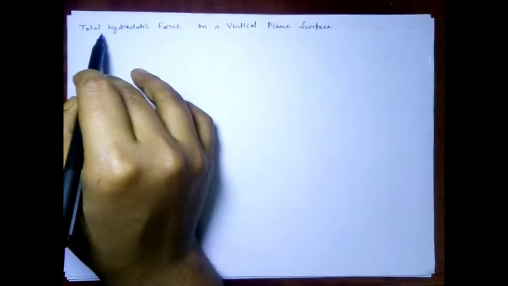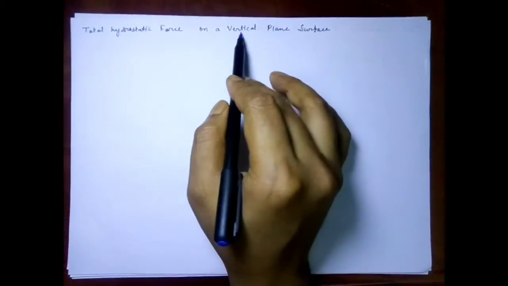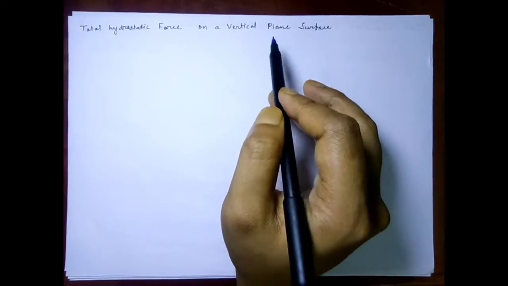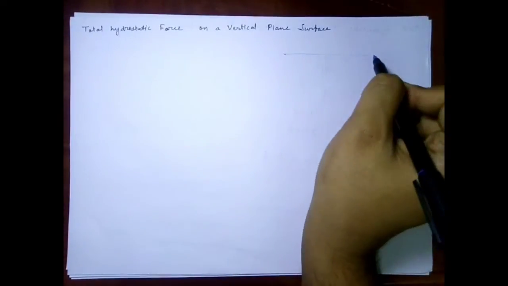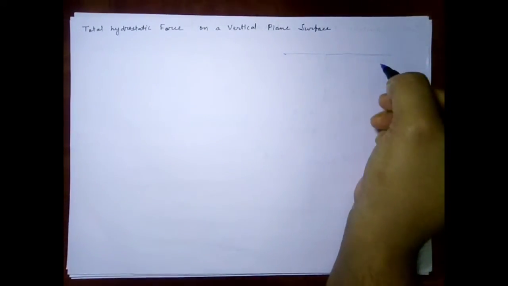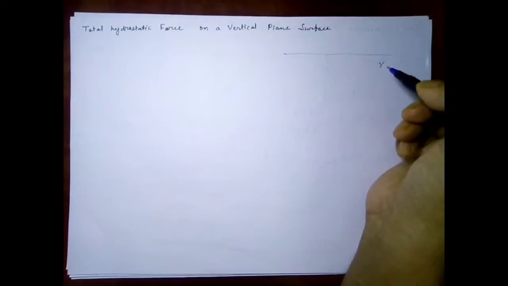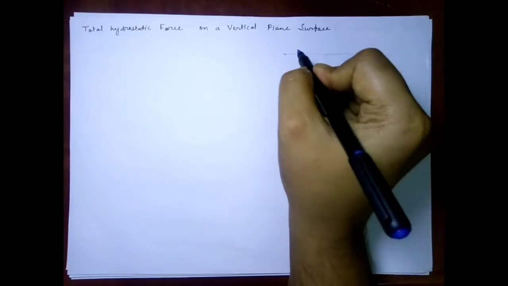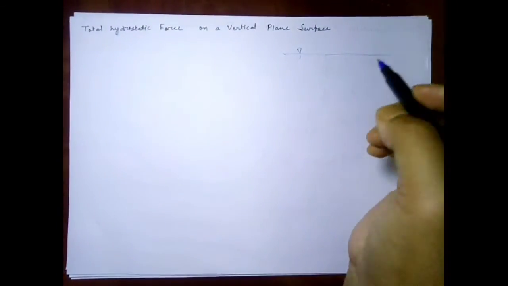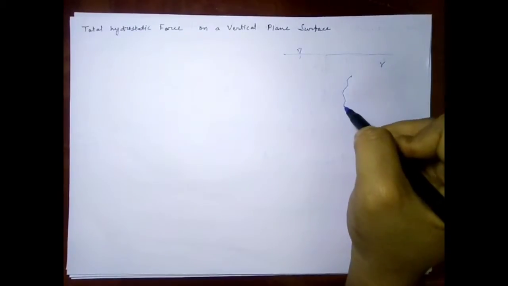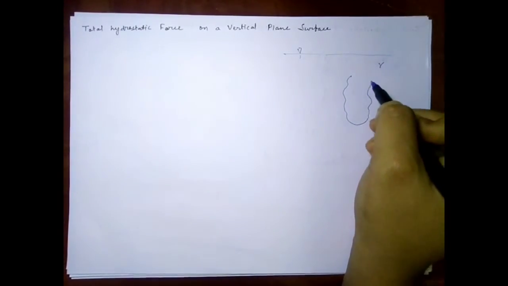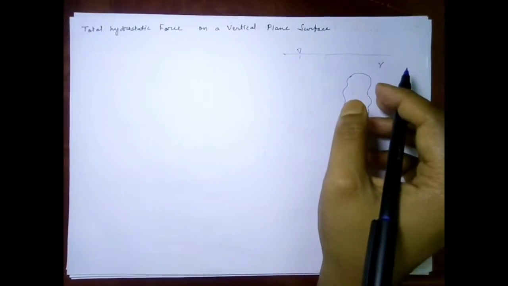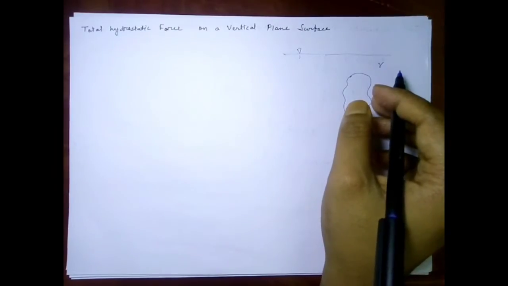Now let us take up the second case, that is the total hydrostatic force on a vertical plane surface. Just consider that the above conditions hold, like the fluid has specific weight gamma, and this will be the free liquid surface. Let us take an irregular body this time, immersed vertically in the liquid.